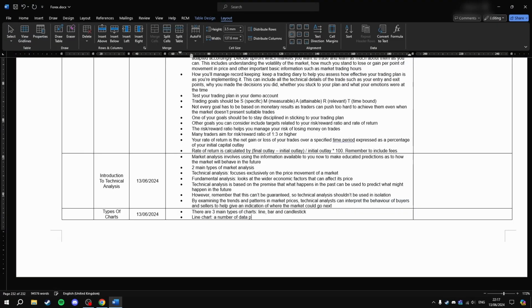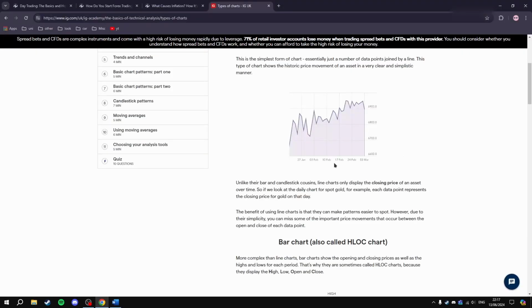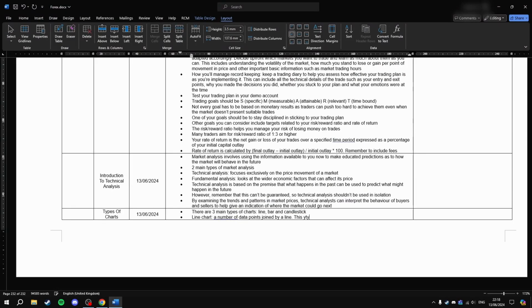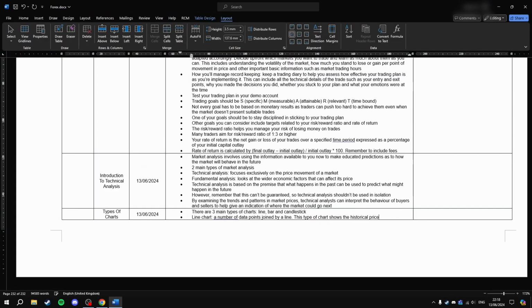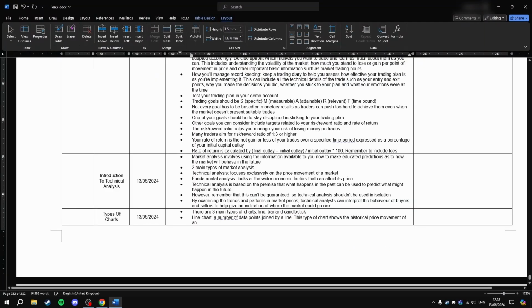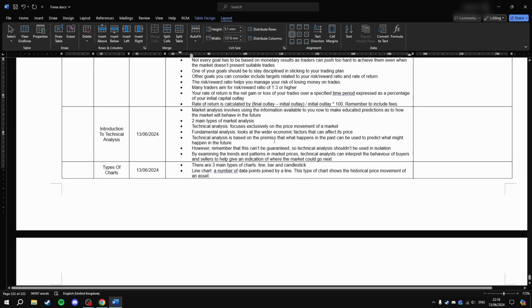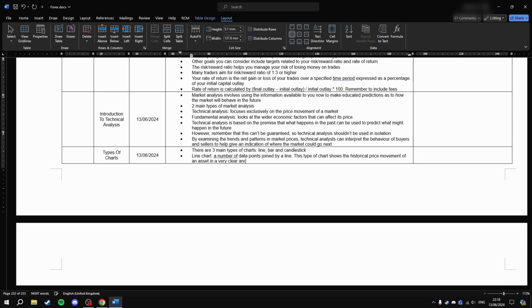This type of chart shows the historical price movements of an asset in a very clear and simplistic manner.